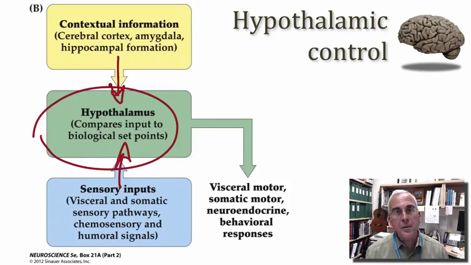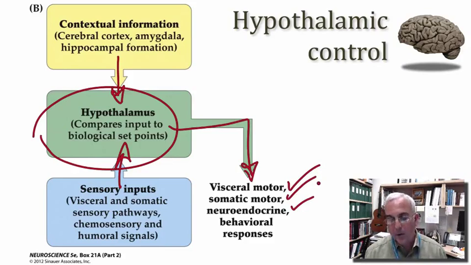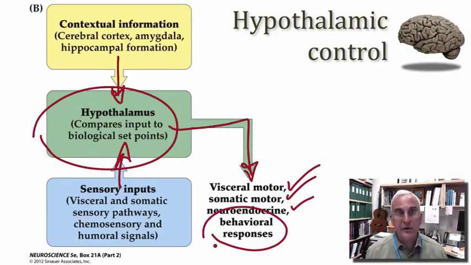So the hypothalamus is integrating context, it's integrating sensory signals, and it's giving rise to output signals that are coordinating our visceral motor, our somatic motor, and our neuroendocrine systems. And the result is the production of appropriate behavioral responses that reflect the coordinated activity of all of these different dimensions of movement to produce behavior.